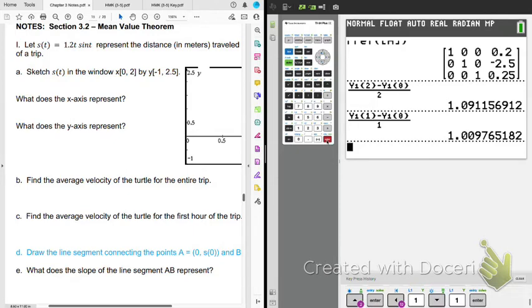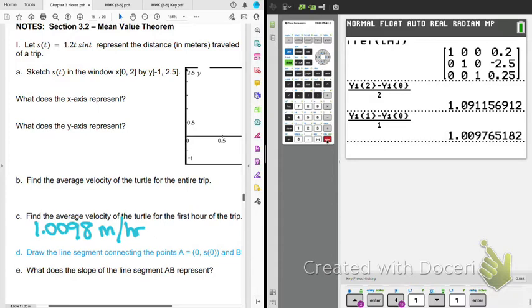All right, so average velocity is 1.0098 meters per hour.